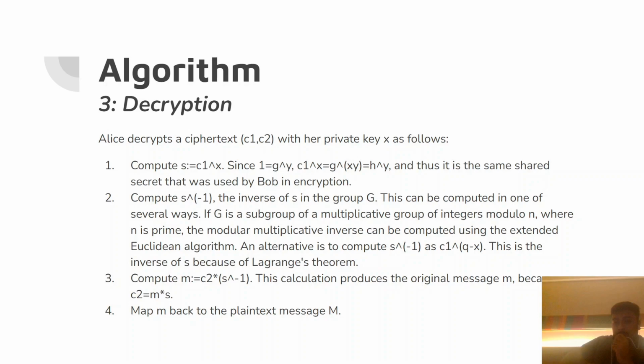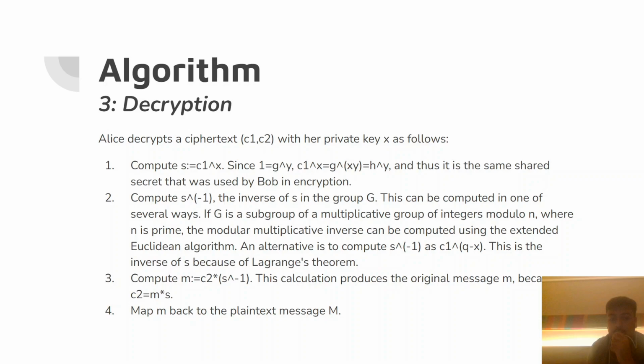Compute s inverse, the inverse of s in the group G. This can be computed in one of several ways. Let's assume capital G is a subgroup of the multiplicative group of integers modulo n, where n is prime.